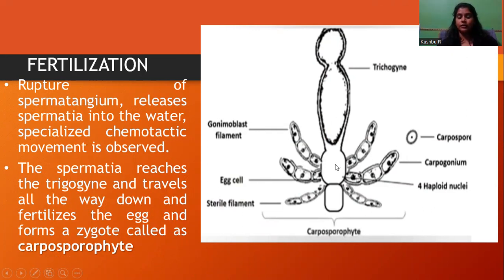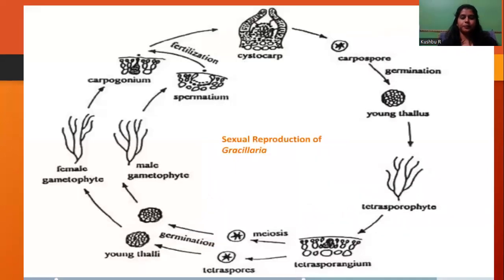After the fertilization of the egg with the spermatia, here we have carposporophyte production. Carposporophyte production happens once the spermatia reaches the trichophore egg all the way from the trichogyne, developing a diploid zygote called the carposporophyte. So to understand the sexual reproduction of your Gracilaria, the first important gametophyte production happens in the thalli. There would be a female gametophyte, there would be a male gametophyte. The female gametophyte will give rise to the carpogonium as we studied.